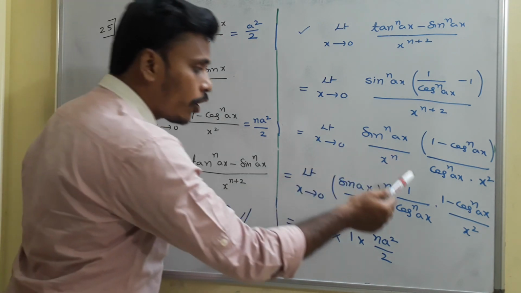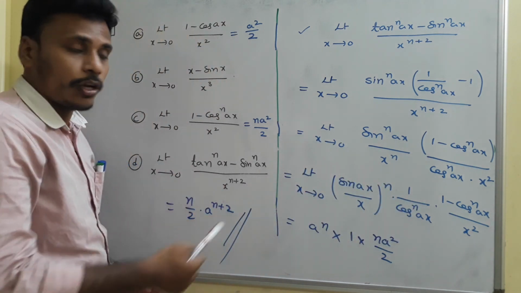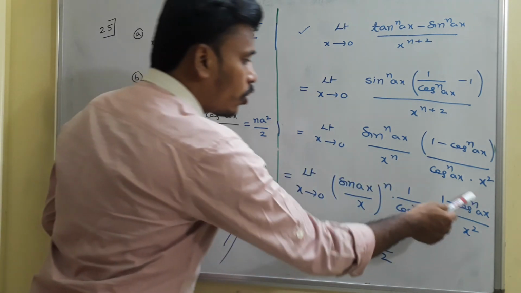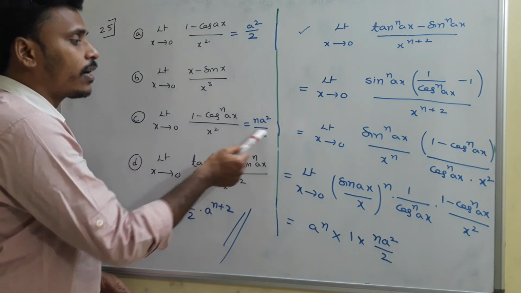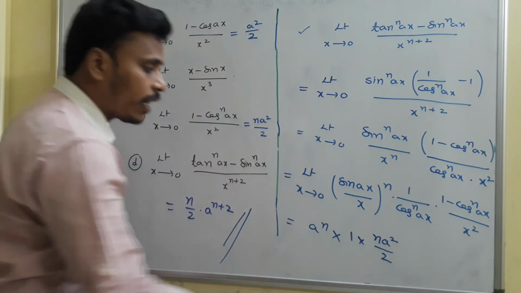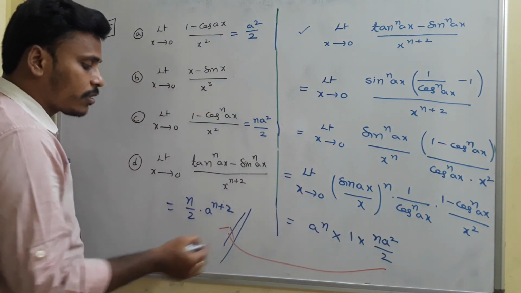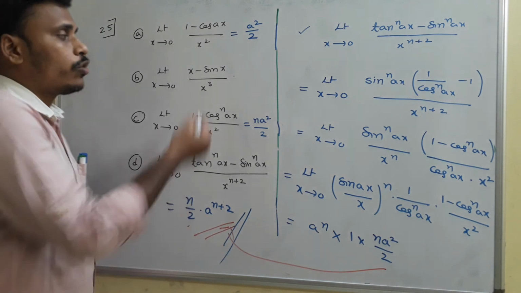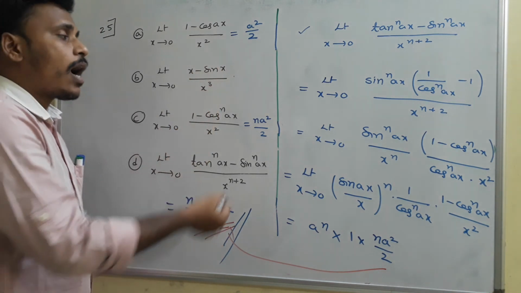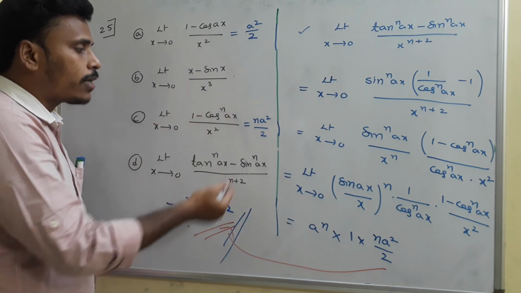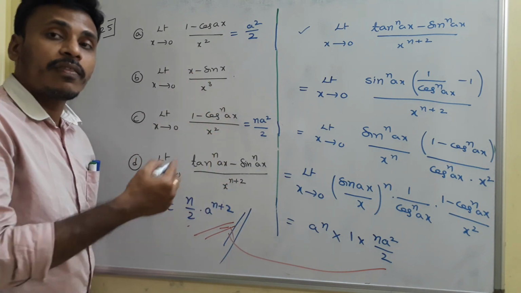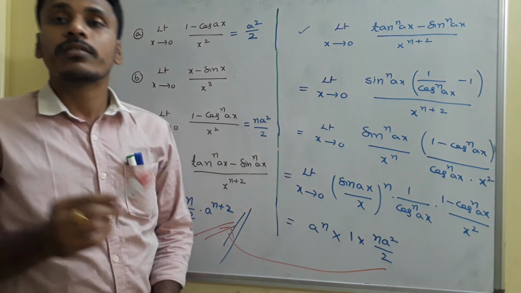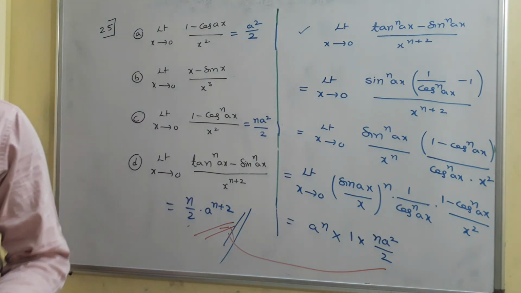As x tends to 0, its value is 1, cos 0 is 1. As x tends to 0, its value we already derived as n a square by 2. Finally, the product of all these things is n by 2 into a power n plus 2. So these are 4 different problems, and if you memorize these answers, they are helpful to solve some more different problems. Okay, just have a look.